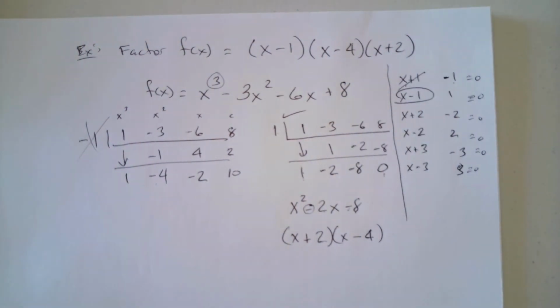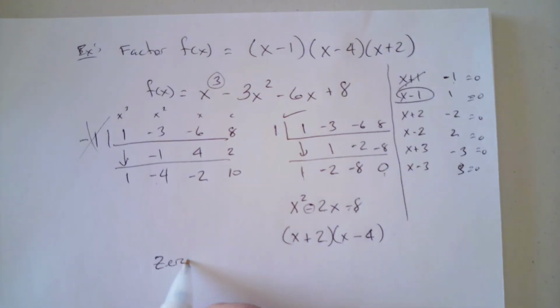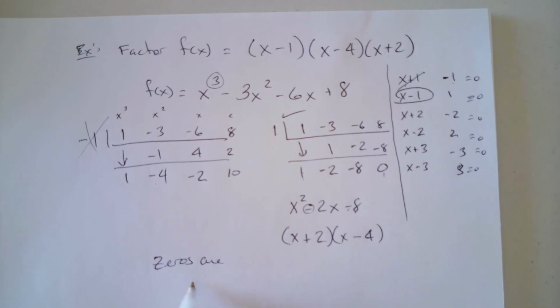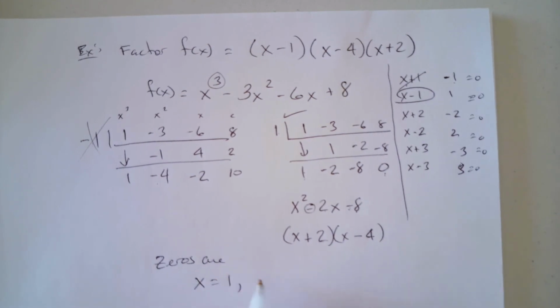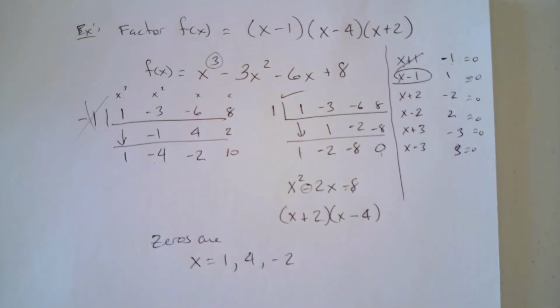The zeros are x equals 1, 4, and negative 2. Alright, so good luck in your homework, and that comes up next.